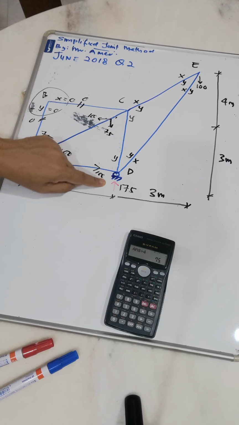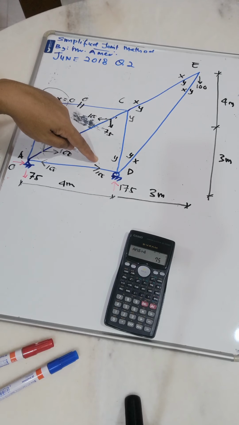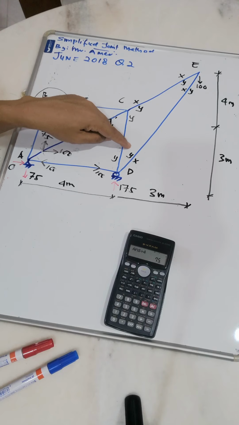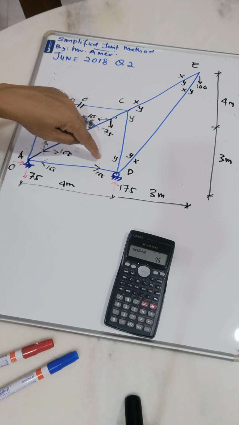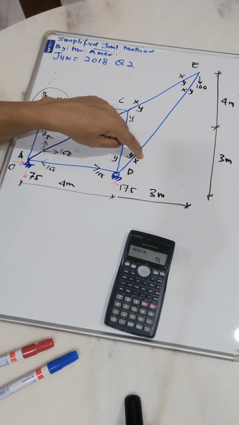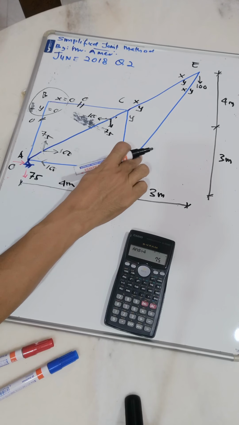Now we move to D. At D, you have 2 unknowns in Y and 1 unknown in X, because the X here you have determined already, 100. Because you have 1 unknown in X, you will determine this X first.